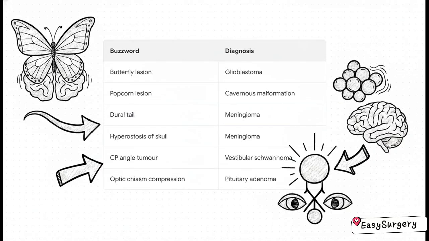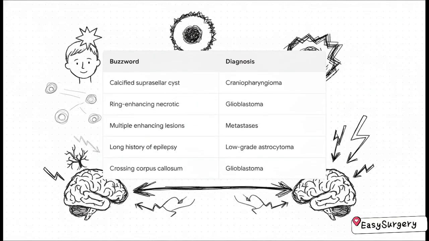Okay. Buzzword, cerebellopontine angle tumor. Diagnosis, vestibular schwannoma. Another massive repeat right there. Buzzword, optic chiasm compression. Diagnosis, pituitary adenoma. Keeping that energetic pace going. Buzzword, child plus calcified suprasellar cyst. Diagnosis, craniopharyngioma. Buzzword, ring-enhancing necrotic mass. Diagnosis, glioblastoma.